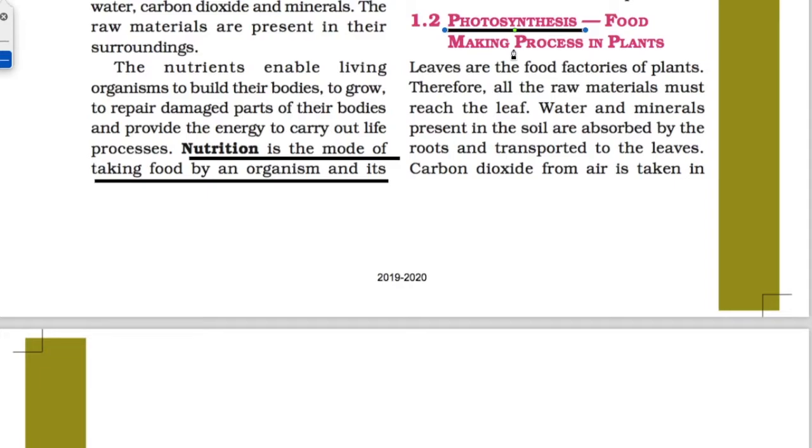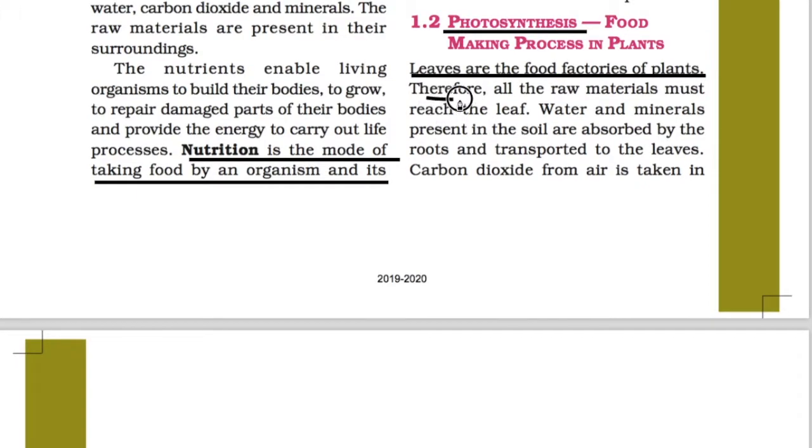As we know that leaves are the food factories of plants, therefore, all the raw materials must reach the leaf.